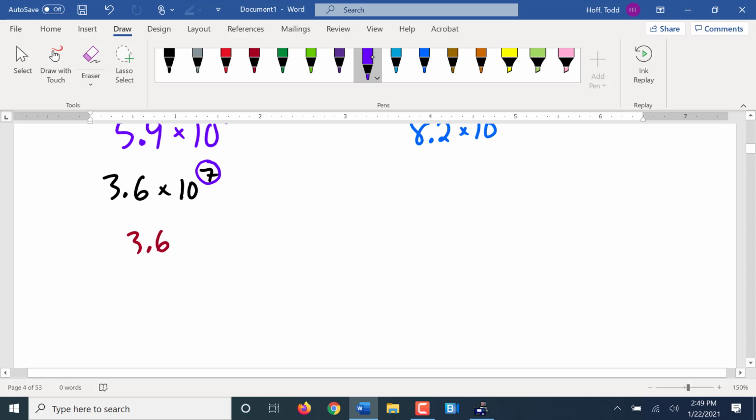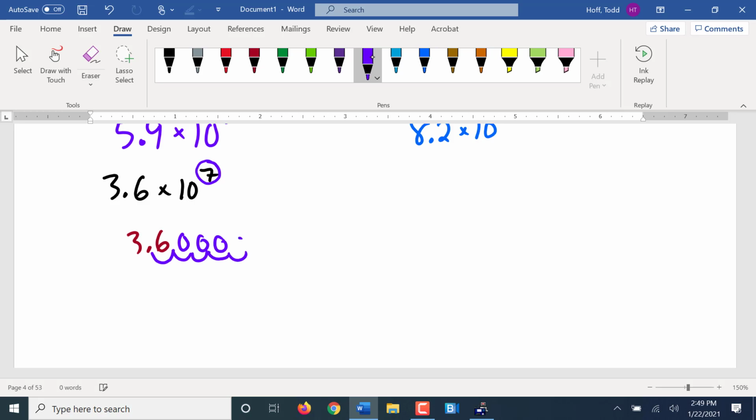To make a number bigger, we move it what direction? To the right. So we go 1. Well, we're out of places, so we have to add zeros. So that'd be 2, 3, 4, 5, 6, 7. So 36 million.